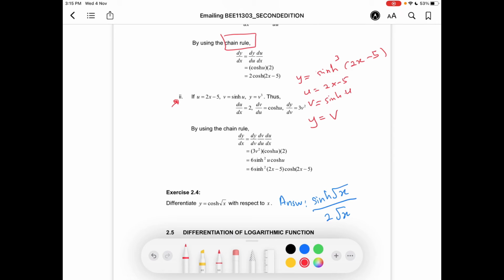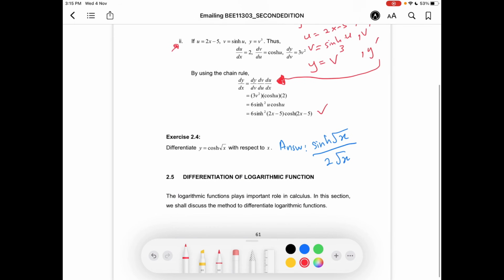Now we define v as hyperbolic sine u, but in the original question we have power of 3, so it becomes v to the power of 3. You need to find u prime, v prime, and y prime, and substitute them using the chain rule method. So this is the final solution.